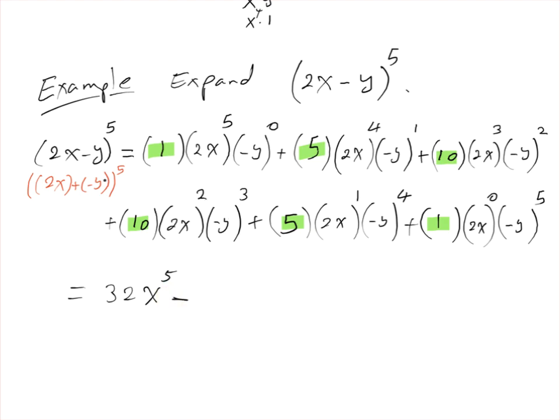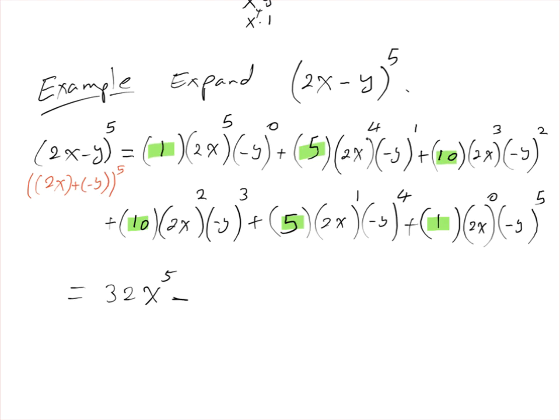By the way, when one coefficient is positive, the other one is negative, the signs alternate. So the first coefficient here is positive, the next one negative, and then positive, negative, and so on. To figure out the coefficient, you have 2x to the power 4.